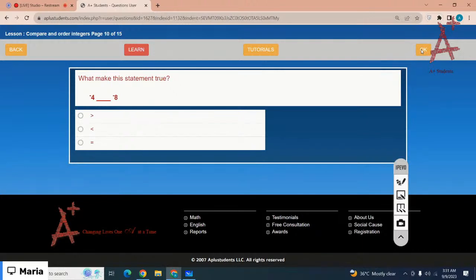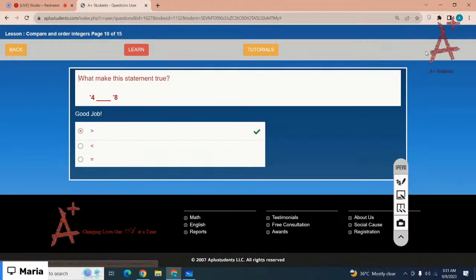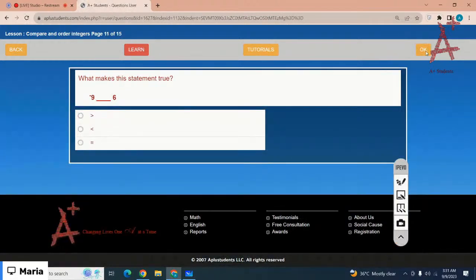What makes the statement true? Negative 4, and you have to compare it to negative 8. Yes, negative 4 is greater than negative 8. Very good. What makes the statement true?